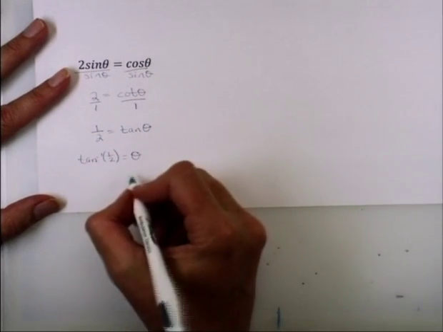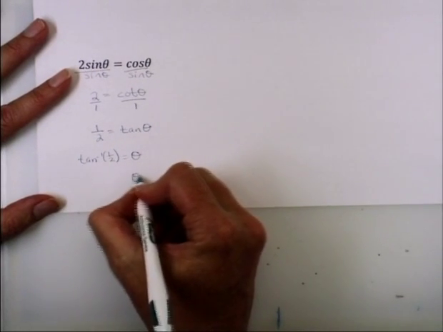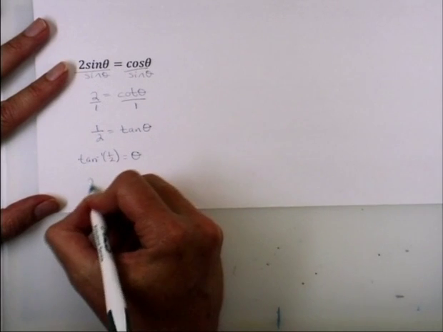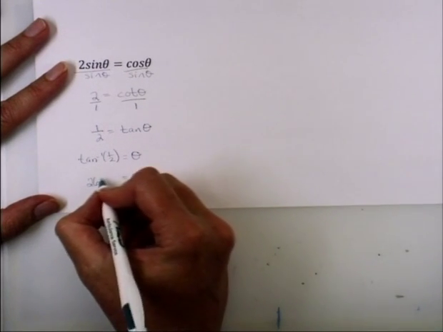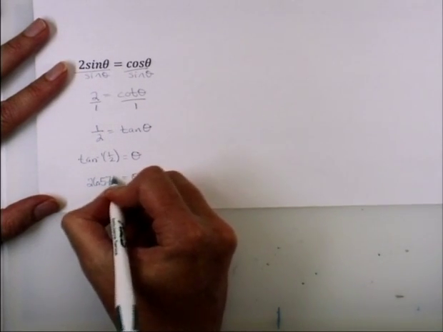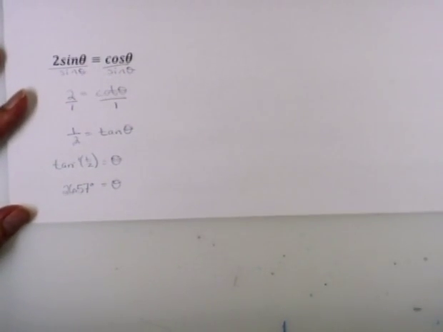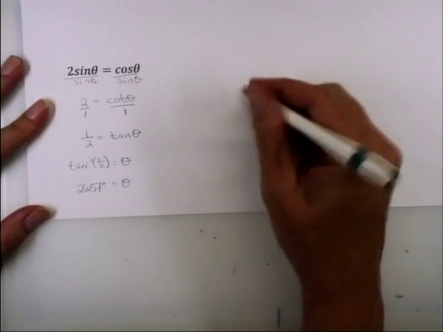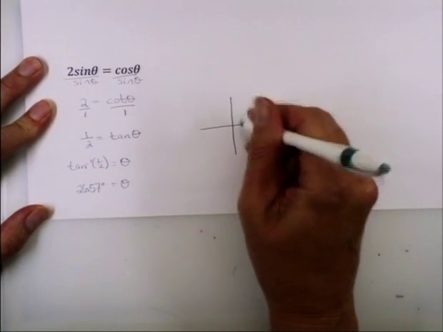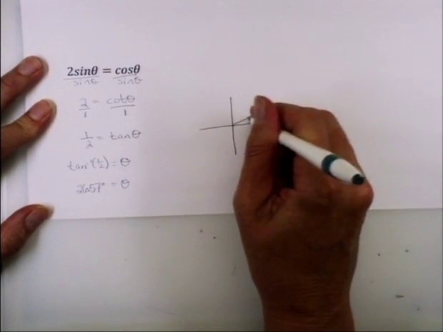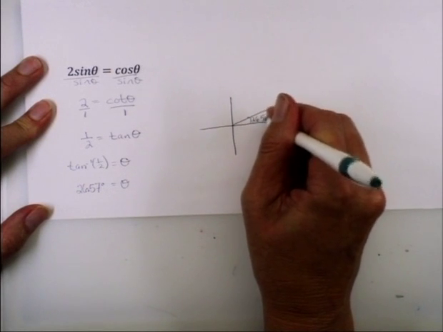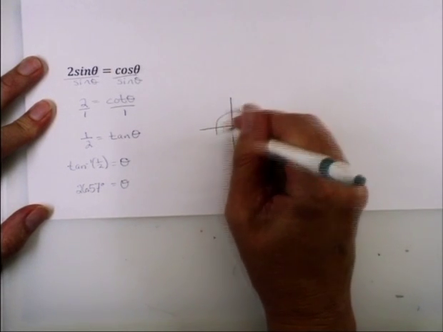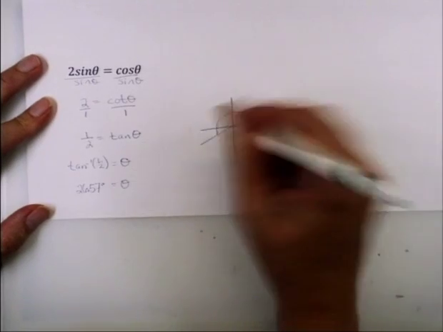I'm just going to write down the answer because I know that you all can do this. So theta in this case is equal to 26.57 degrees. We're still going between 0 and 360. Now remember though that the tangent, so if I have a 26 degree angle right here, 26.57, I'm going to have another one exactly 180 degrees beyond that.